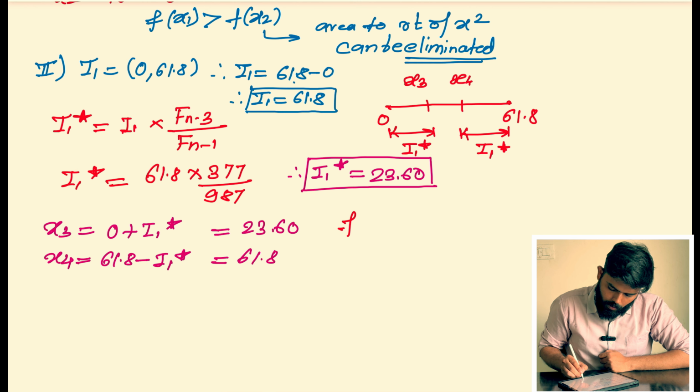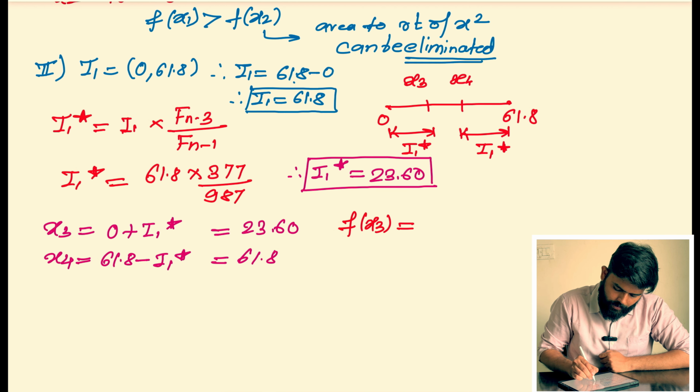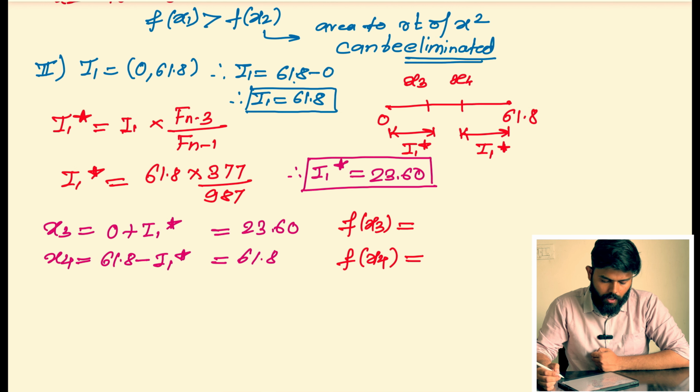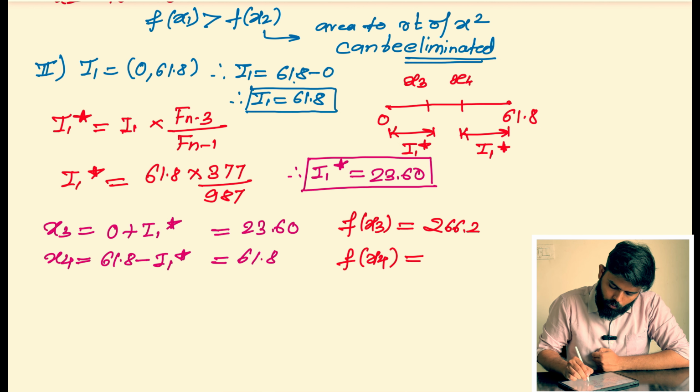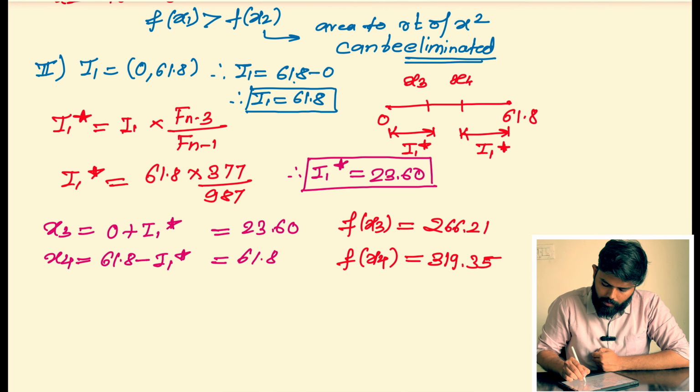Let us put these values in the function to get f of x3 and f of x4. So we have f of x3 as 266.21 and f of x4 as 319.35.